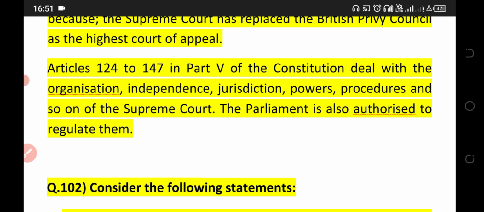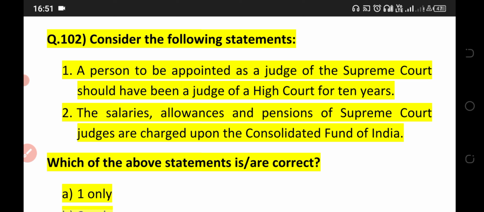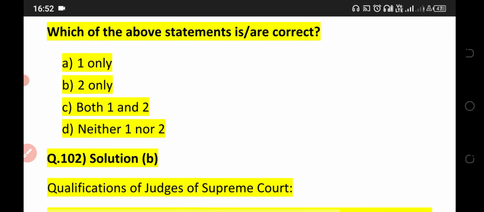The Parliament is also authorized to regulate them. A person to be appointed as a judge of the Supreme Court should have been a judge of a High Court for 5 years. The salaries, allowances and pension of the Supreme Court judges are charged upon the Consolidated Fund of India. Yes, B is right.